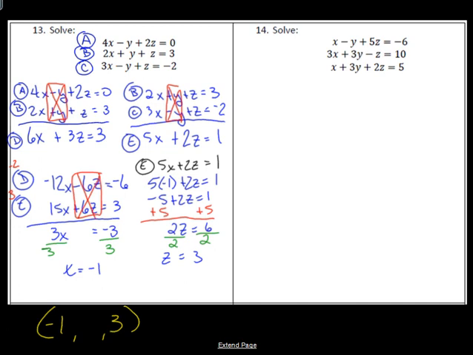I now need to go back and find my y variable. To do that, I'm going to go back and use equation B. I could use any of the equations, A, B, or C. I'm choosing B because everything is positive, and my coefficient for y is 1. So I go back and substitute 2 times negative 1 plus y plus 3 is equal to 3.